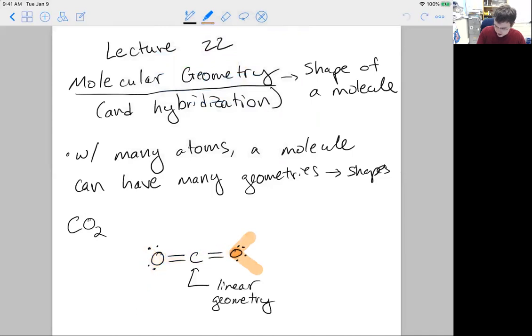But it turns out, and I'm going to say this several times, we can't see lone pairs of electrons. So oxygen's really only attached to one thing. And when you're only attached to one other atom, the other things that we can see, it doesn't matter how many lone pairs you have, there's no geometry. You need to be attached to at least 2 different things that can be visualized, 2 different atoms.